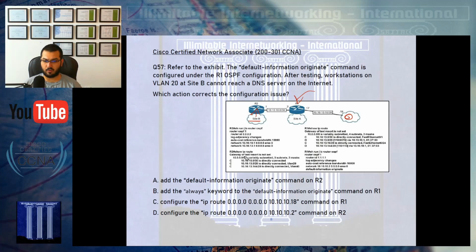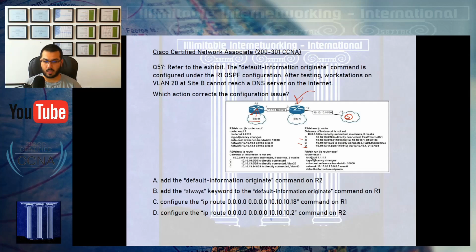So this is the config of R2, and this is the config of R1. Let's see the difference. This is show ip route for R1 and this is show ip route for R2. I can notice that there are some OSPF routes for R1, not for R2.